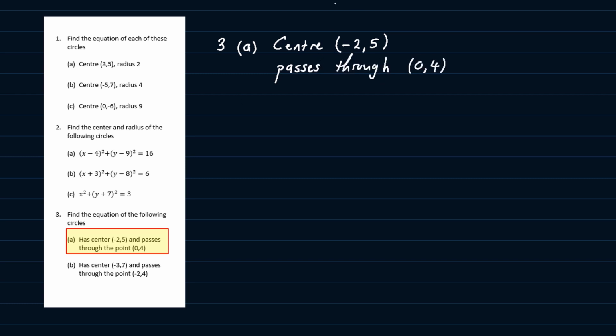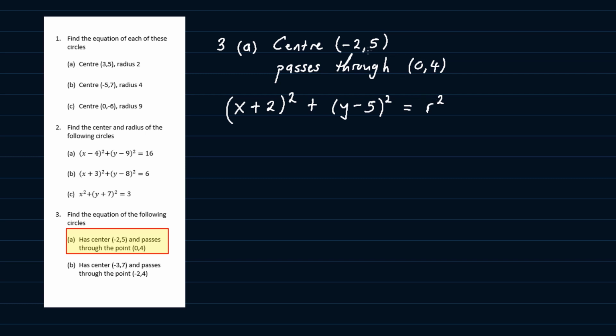So for the equation of the circle, it is going to come out as x minus the x coordinate, which is minus 2. So it will be x plus 2, then that's squared, plus y minus the y coordinate, that's 5, squared. And this is equal to the radius squared.